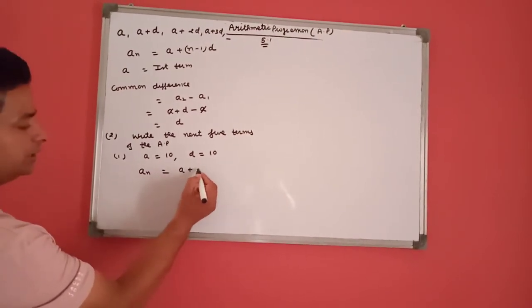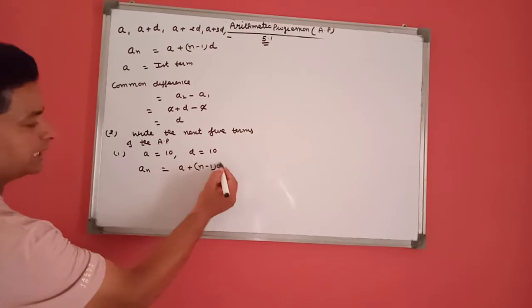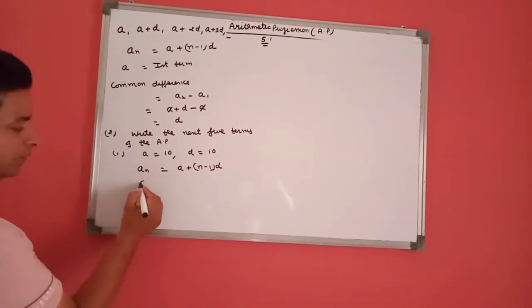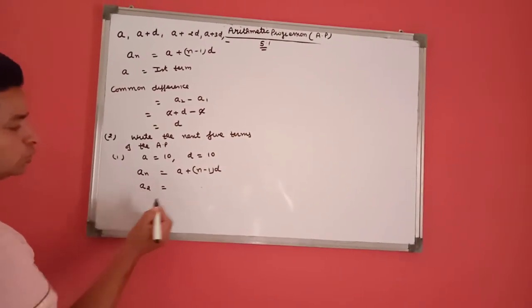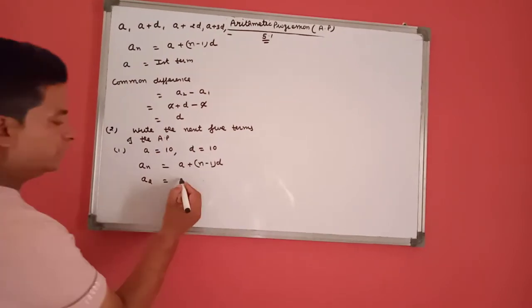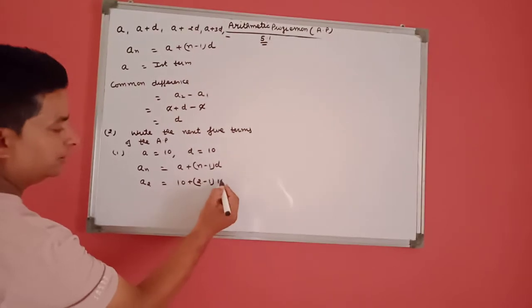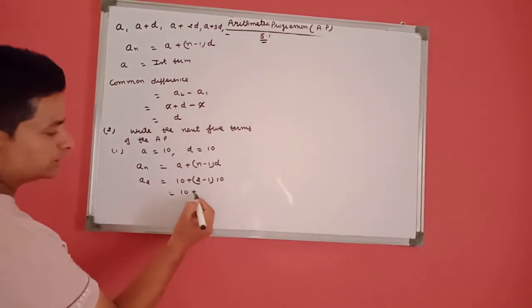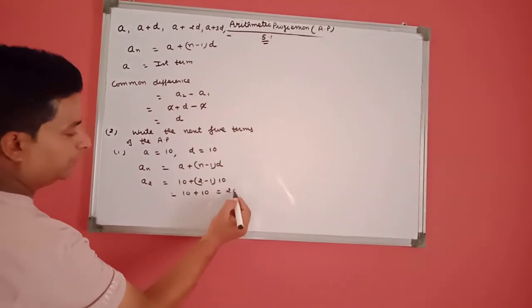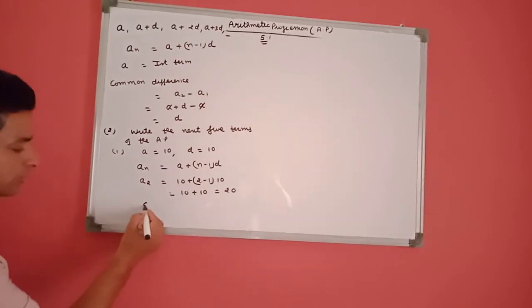So the general formula is an equals a plus (n minus 1) into d. We put n equal to 2 because we have the first term. We put n equal to 2. a is 10, d is also 10. So this is 10 plus 10, which is 20. So the second term is 20.